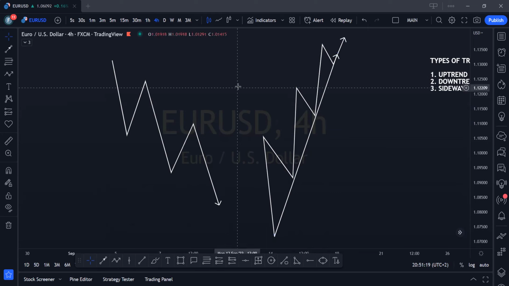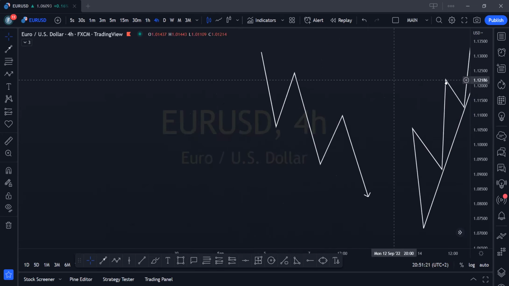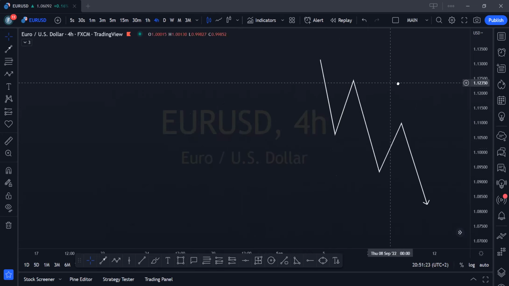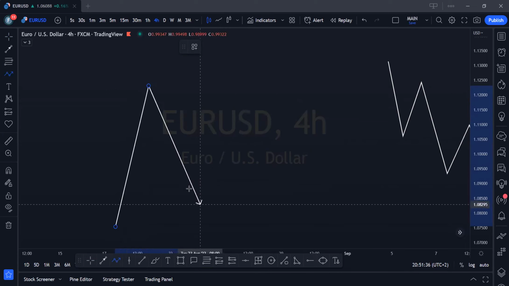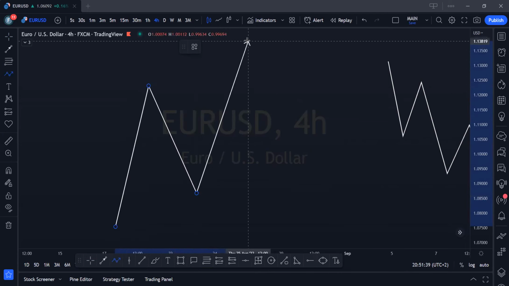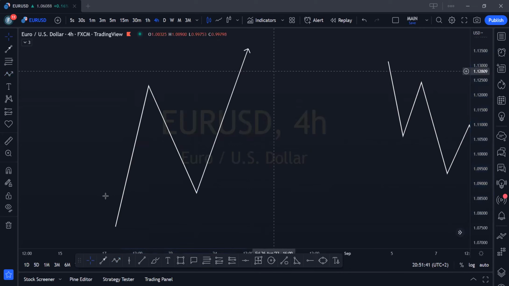All right, so let us dissect how a trend really looks like. We have three different components of a trend. So let's say for an uptrend, you have this move. The first move in a trend is the impulse move, and then you have the correction, and then you have the impulse. So this is for an uptrend like so.